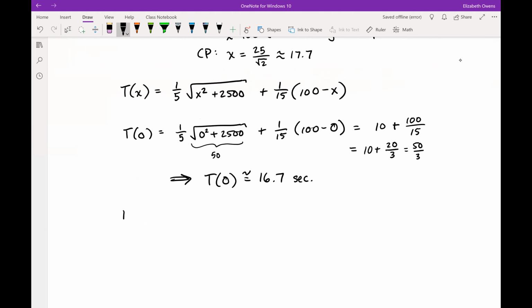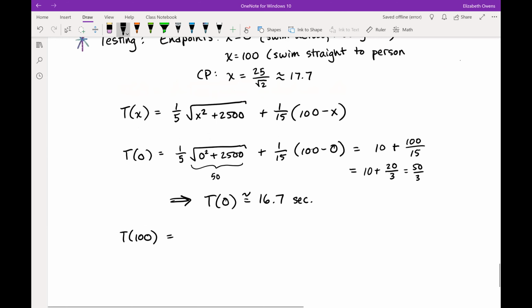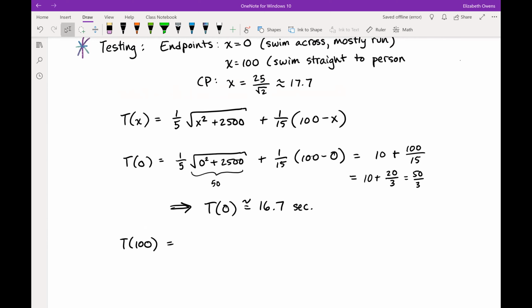Now t of 100, our other endpoint there, is going to be 1/5 times the square root of 100 squared plus 2500 underneath our radical, and then 1/15 times 100 minus x, which is 100 minus 100.